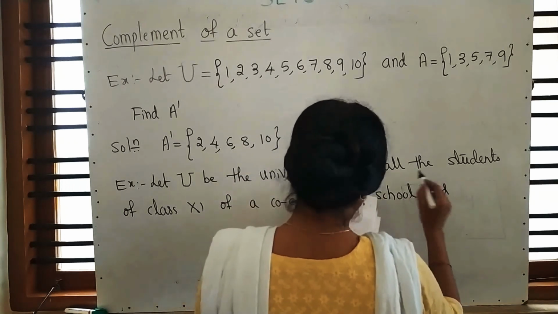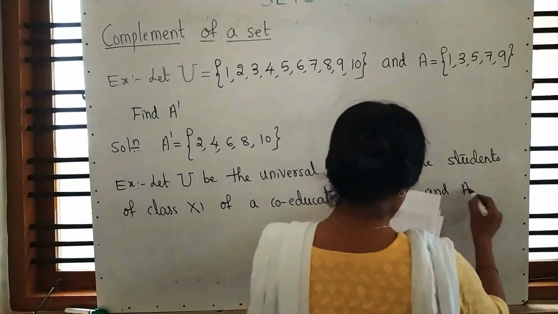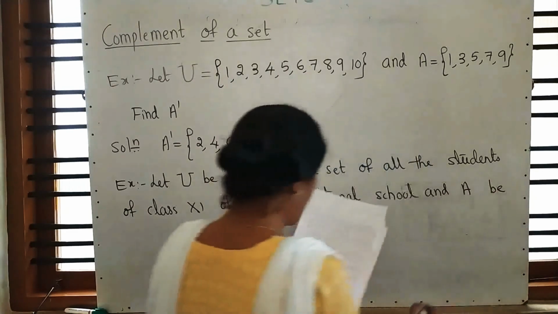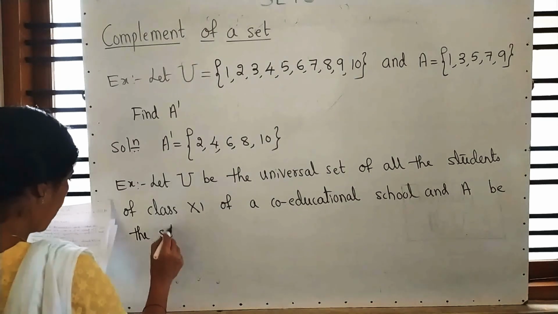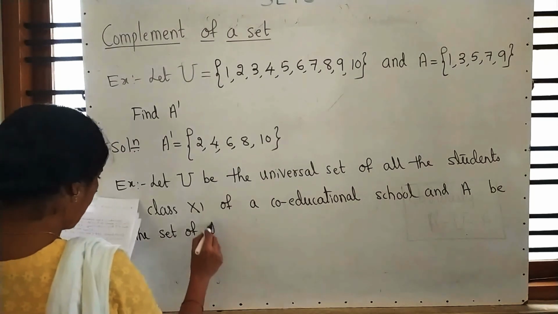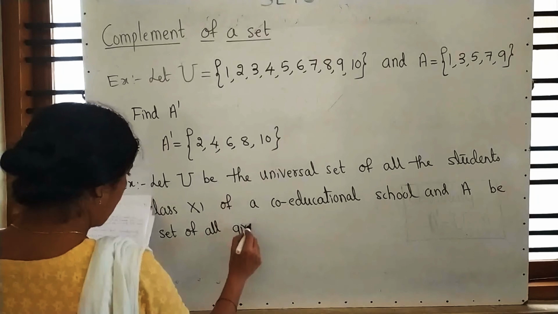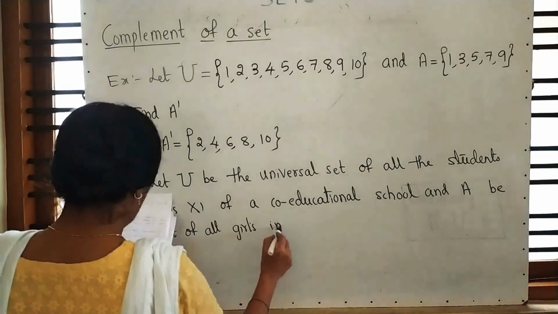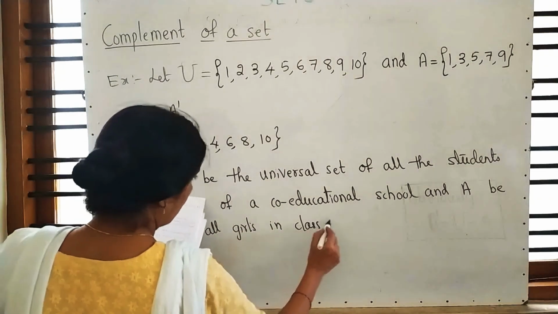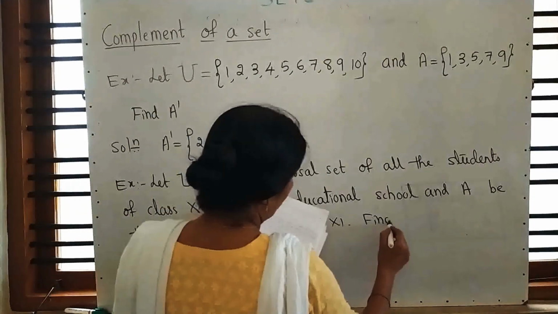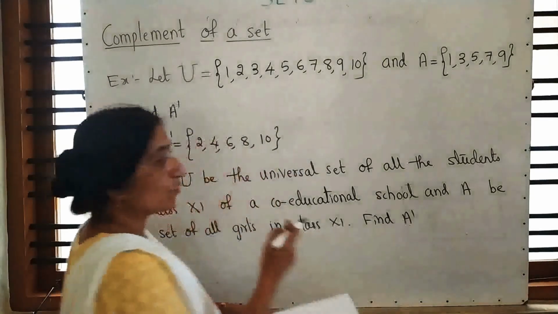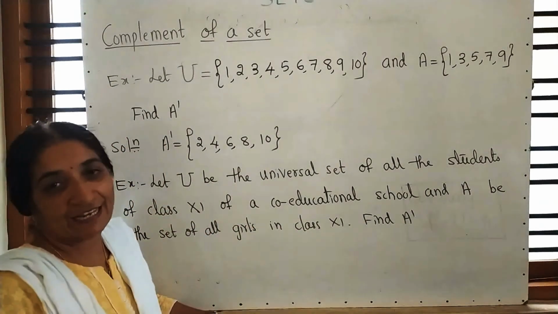That means both boys and girls are studying, and A be the set of all girls in class 11th. Find A complement. Of course, the students, without completing my question only, they will tell the answer.